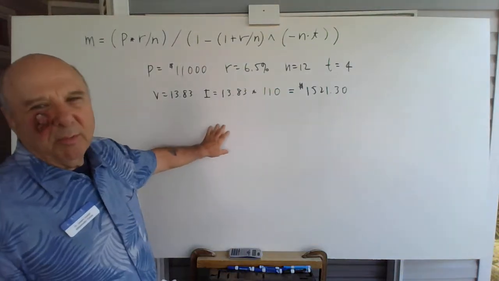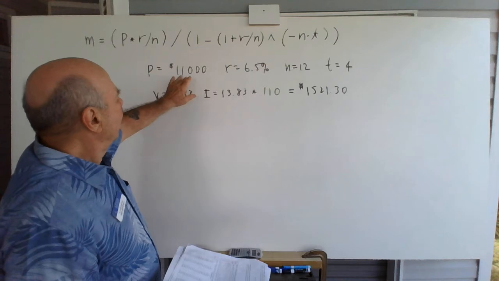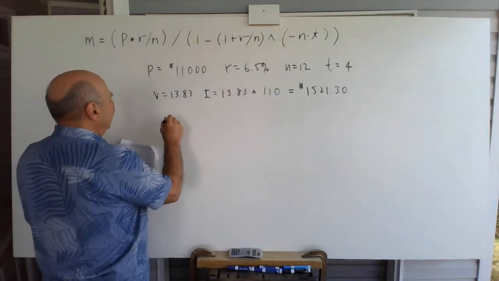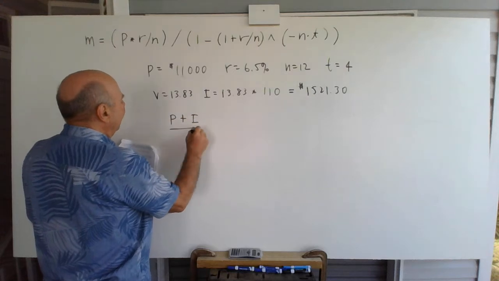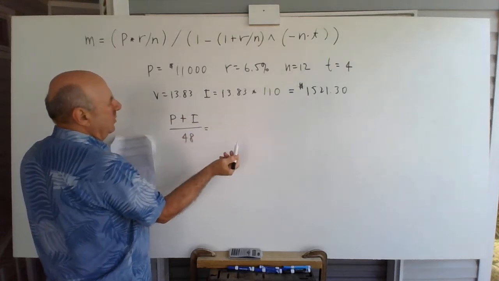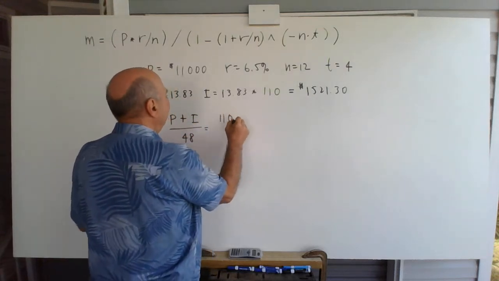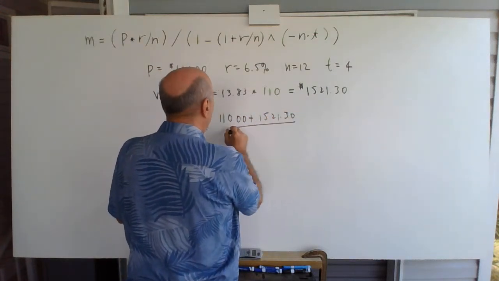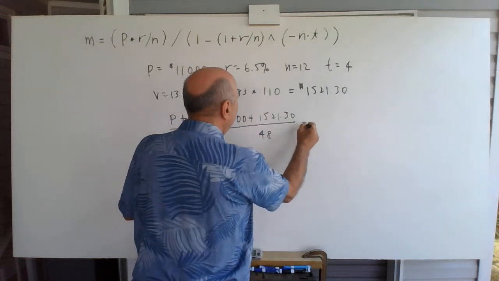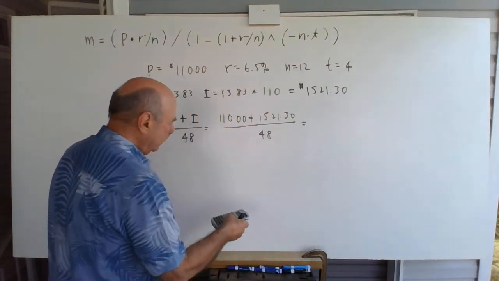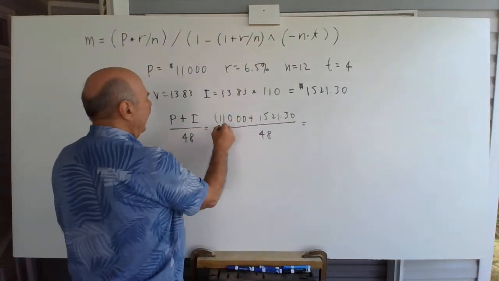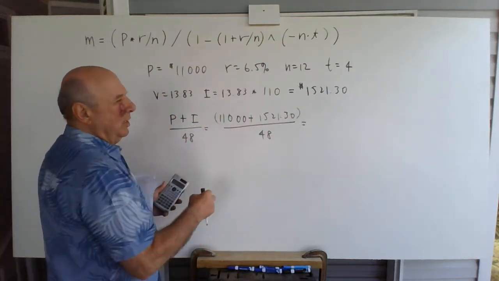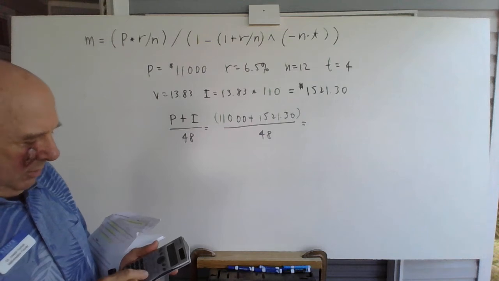So how do I figure out the monthly payment using this? Well, I take the principal plus the interest. That gives me the total amount. So if I take the principal plus the interest and divide by 48, that'll give me the monthly payment. So it's 11,000 plus 1521.30, divided by 48. Now you remember, when you put this in a calculator, you've got to use parentheses, right? Because order of operations means you want the plus to happen before the division.